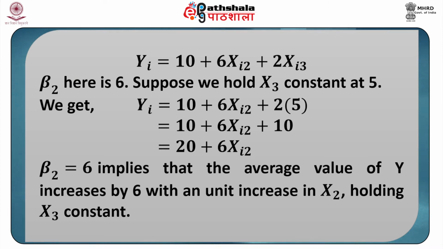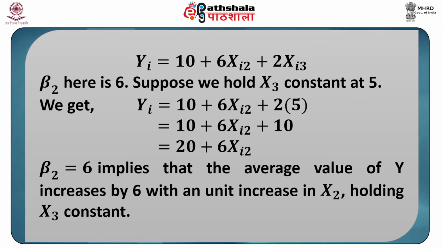yi is equal to 10 plus 6xi2 plus 2xi3. Beta 2 here is 6. Suppose we hold x3 constant at 5, we get yi is equal to 10 plus 6xi2 plus 2 into 5, which is equal to 10 plus 6xi2 plus 10, and hence we get the equation yi equal to 20 plus 6xi2.